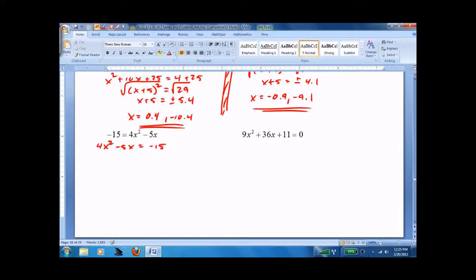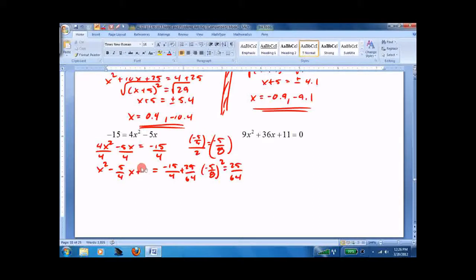Rewrite it so it looks like something I've seen before. Divide by 4. This is harder than anything you'll ever see on a test. Negative 5 over 4 divided by 2 is negative 5/8. Negative 5/8 squared is 25/64. Who cares on the left, because we're going to rewrite it as x minus 5/8 squared.